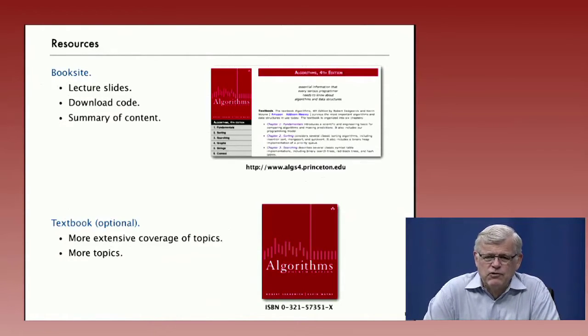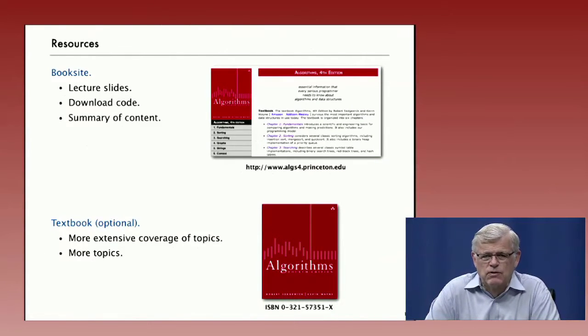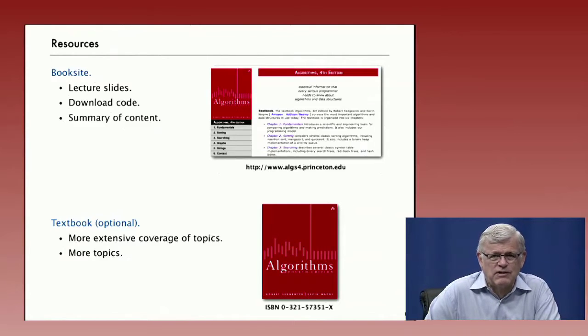So for this course, we have two resources that I want to talk about and make sure that people are familiar with before entering into the content. This is a publishing model that Kevin Wayne and I developed and have been using for many years, and we think it's a very effective way to support the kinds of lectures that we're going to be giving in this course. Down at the bottom, and it's optional for this course, we have a textbook. It's a traditional textbook that extensively covers the topics in the course.